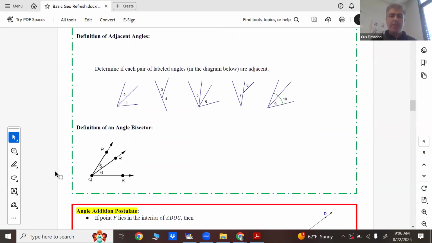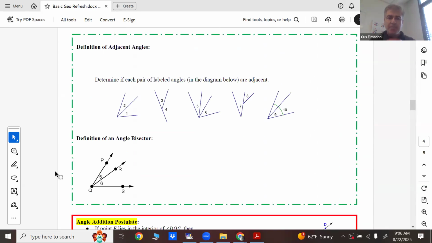So Griff, do you want to read the next box that's in green? Okay, great. So adjacent means next to. Like Griffin's sitting next to Luke, right? So they're sitting next to each other. So adjacent has to be next to, but more specifically for angles, they have to have 2 things happening.